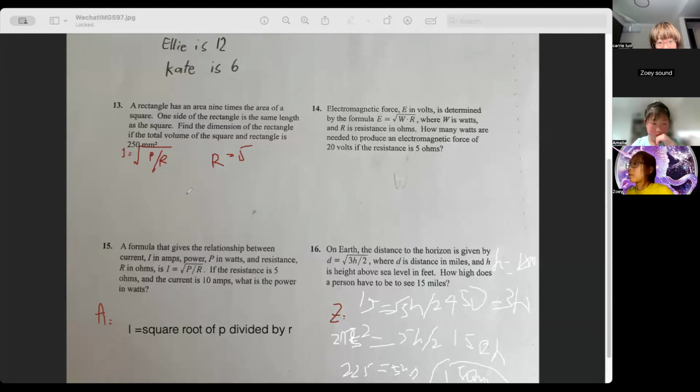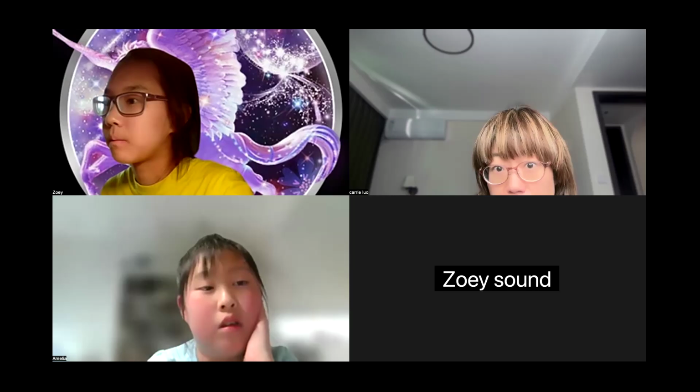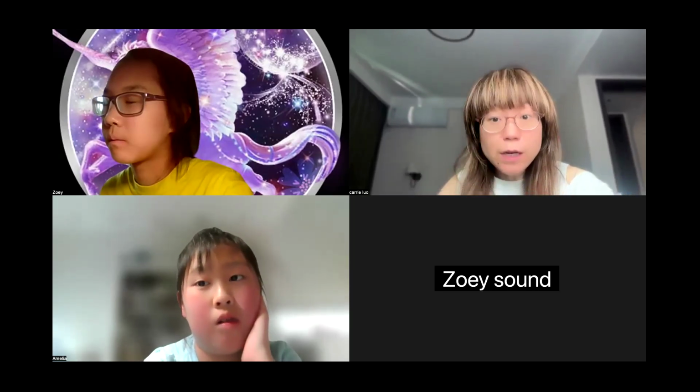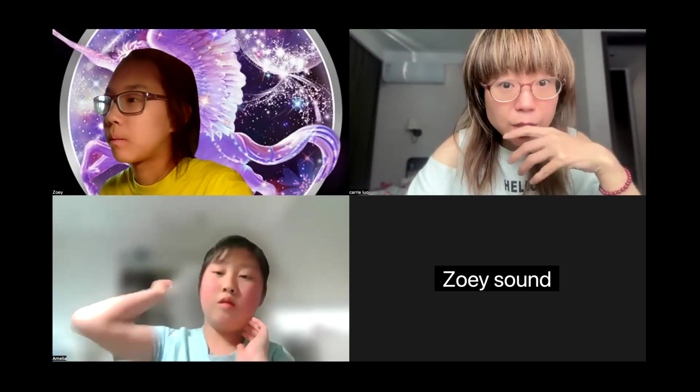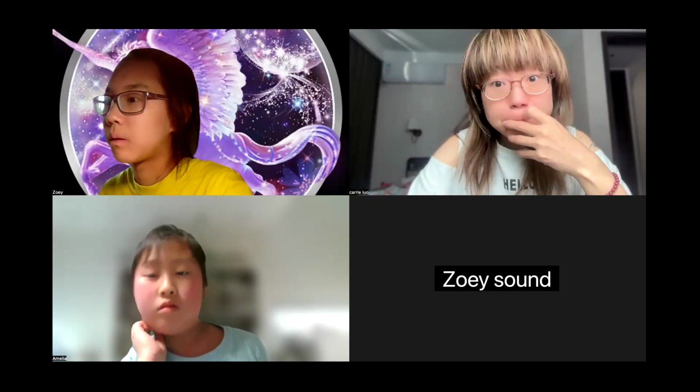And what is the power of the roots? So we calculate this one. So 10 equals the square root of P over 5. So 100 equals P over 5. So 500 equals P. And don't forget the watts. Understand, Zoe? For this kind of problem, everyone must follow the teacher's requirement and write out every step. Understand, Amelia? It doesn't work without steps, okay?